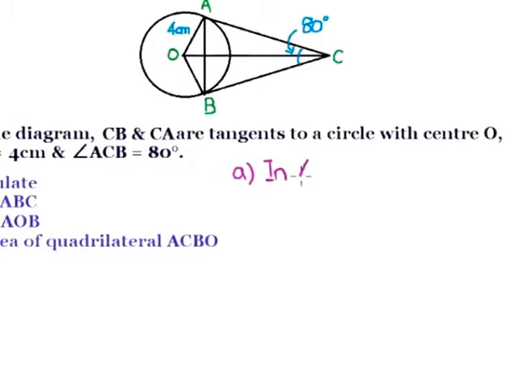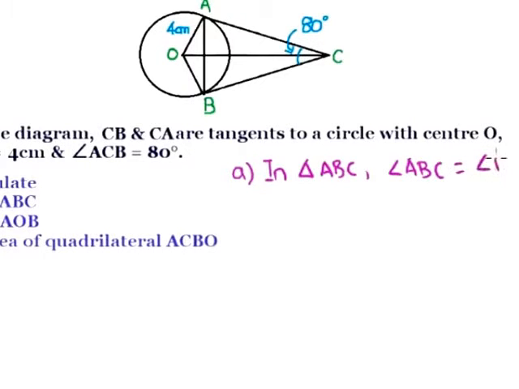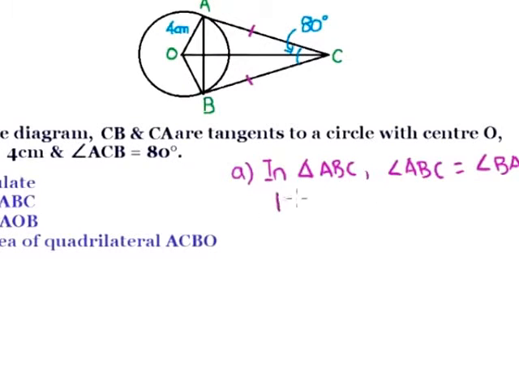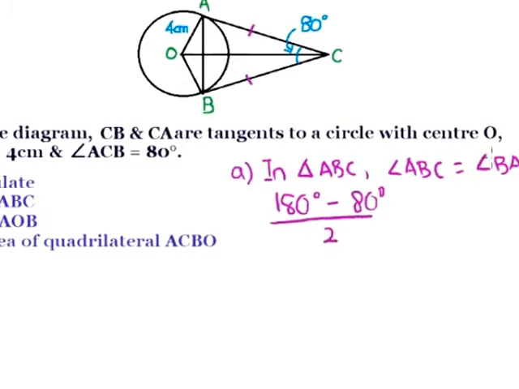In the triangle ABC, the angle ABC equals the angle BAC, because CA equals CB. Thus, the answer will be 180 degrees minus 80 degrees divided by 2, and the answer would be 50 degrees.